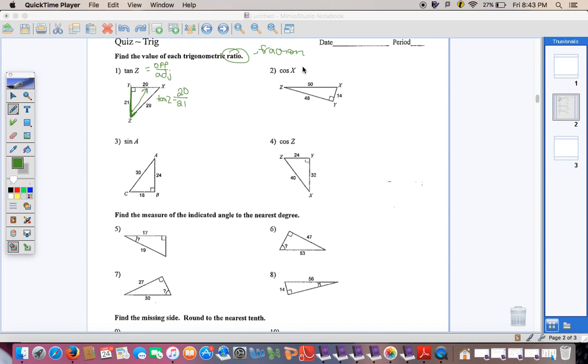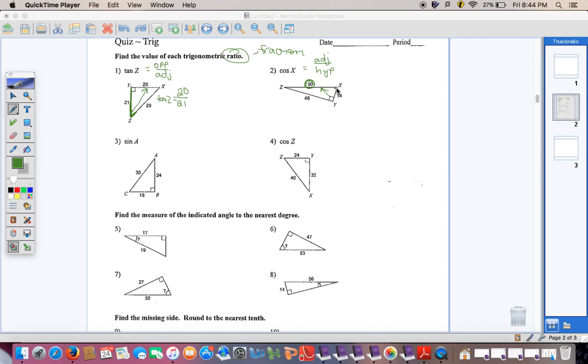Now, question number 2, cosine of x. Well, we know cosine means adjacent over hypotenuse. The hypotenuse is directly across from your 90-degree angle, so 50 is going to be your hypotenuse. And the adjacent leg is the leg that's attached to the angle.